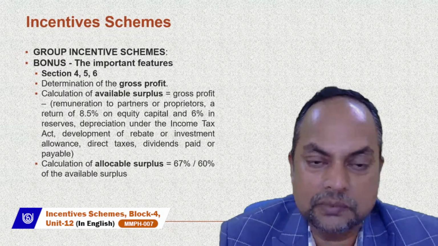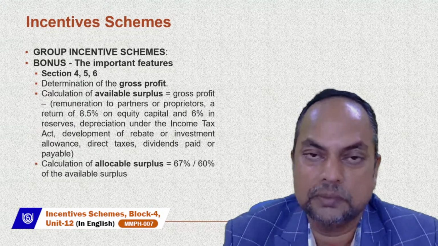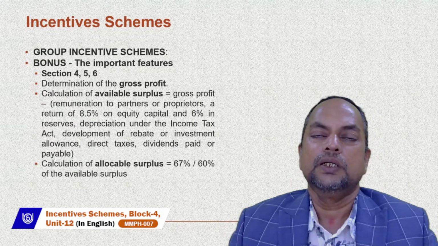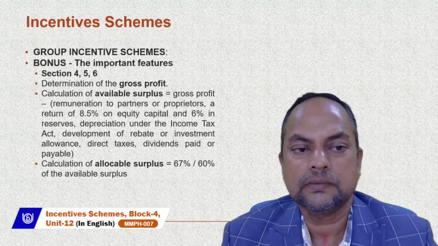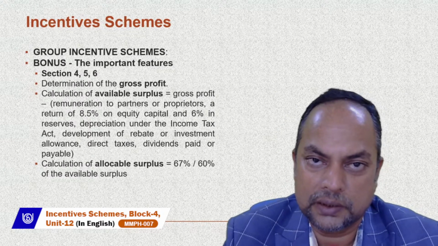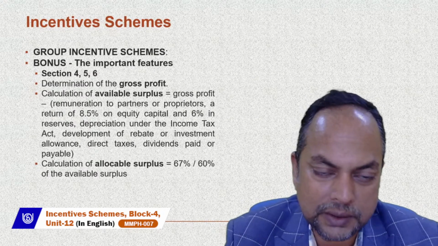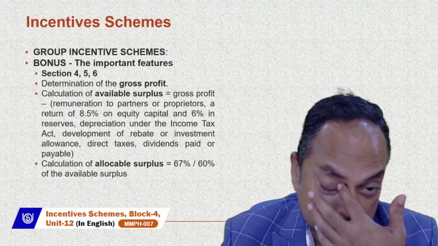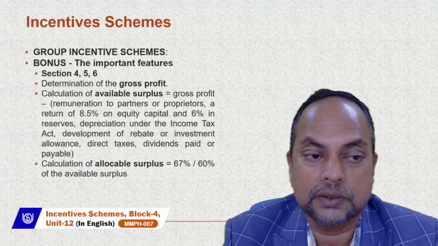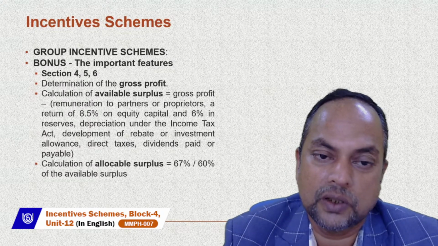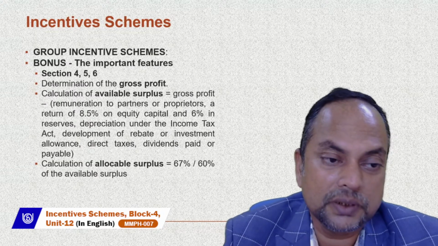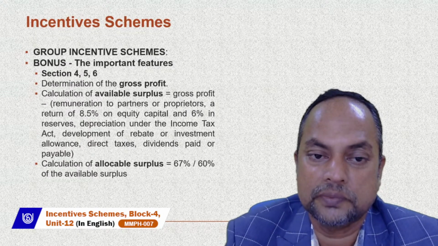So how do we calculate? We say gross profit minus the expenses made by the organization in few categories like remuneration to the partners, proprietors, right? Then this return of 8.5% on equity capital, 6% on reserves, right?